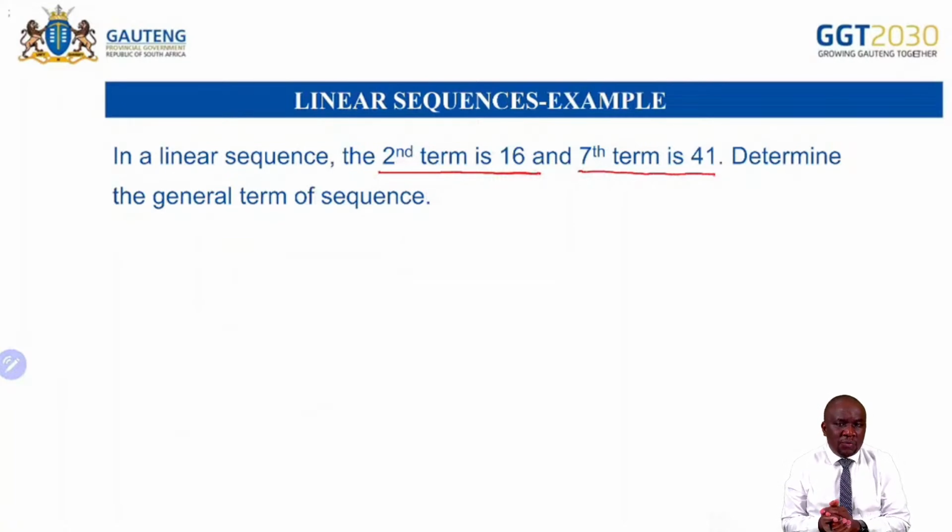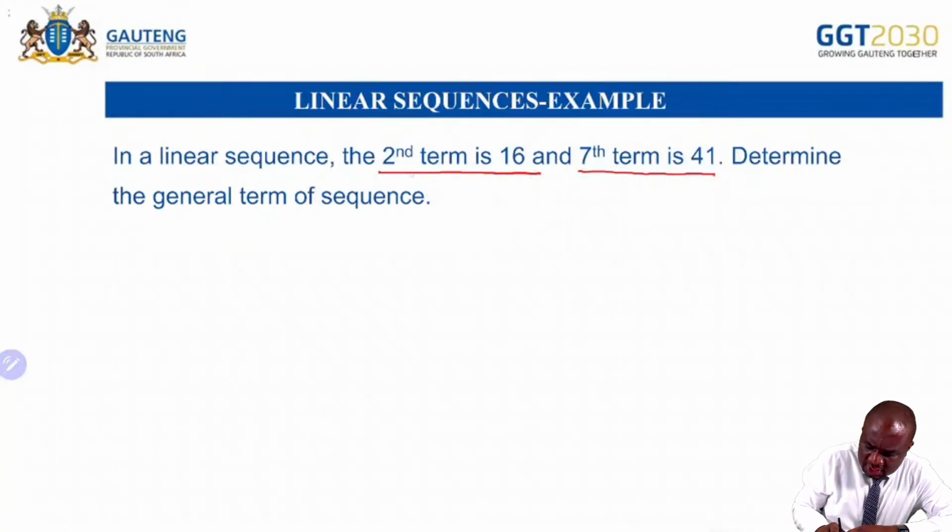Always check that. When given two sets of information and you're required to find two variables, you will have to create two equations and solve them simultaneously. You cannot solve for two variables using one equation. You need two equations.